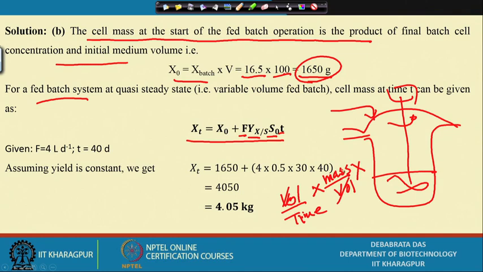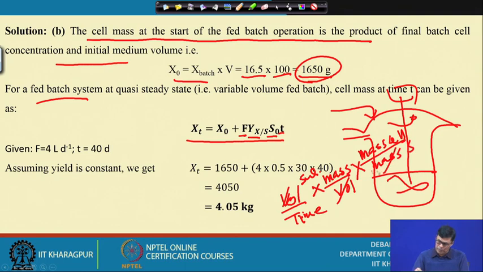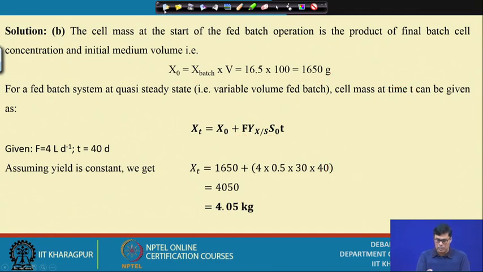This is the mass of substrate. Then Y x by s is the mass of cell by mass of substrate, so the substrate cancels, leaving the mass of cell per unit time. If you multiply it by the total time, we get the final cell mass. This is how this equation has come.